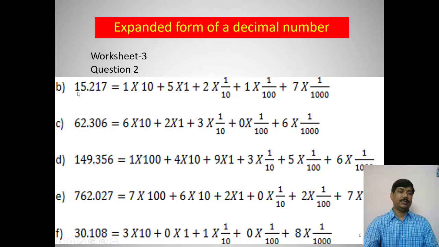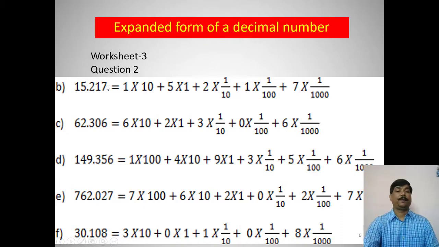First, 1 is at the 10th place, so it is multiplied by 10. What is the place value of 5? 5 is at the 1st place, so we will multiply by 1. What is the place value of 2? 2 is at the 10th place, so we will multiply 2 by 1 upon 10. 1 is at the 100th place, so it will be multiplied by 1 upon 100.